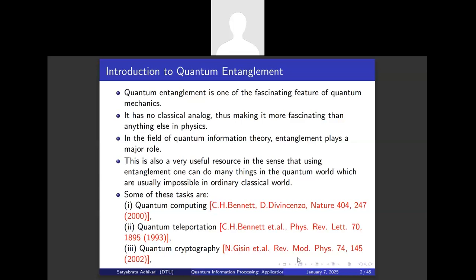only characteristic that appears only in quantum mechanics, not in classical mechanics. In this paper, the seminal paper by Bennett et al. in 1993, they showed that we can use a quantum entangled state to send a quantum state with unit fidelity.